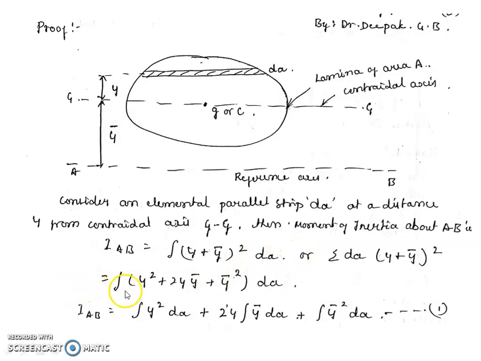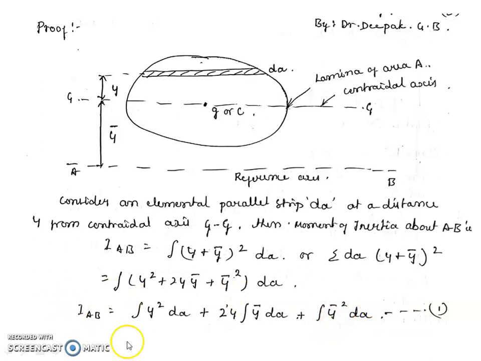Now if I expand, it reduces to y square plus 2y y bar plus y bar square, times dA. Then the moment of inertia with respect to AB is given by the integral of y square dA, splitting all these terms, plus the integral of 2y y bar dA plus the integral of y bar square dA.